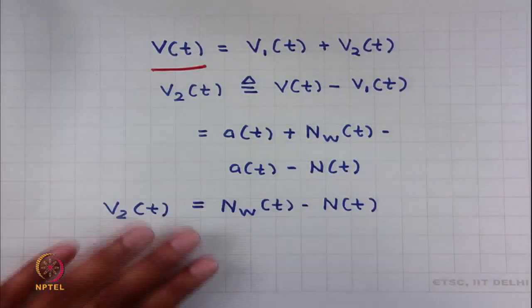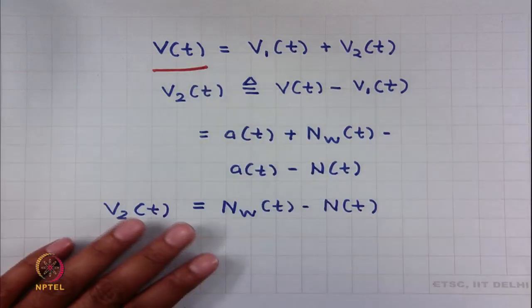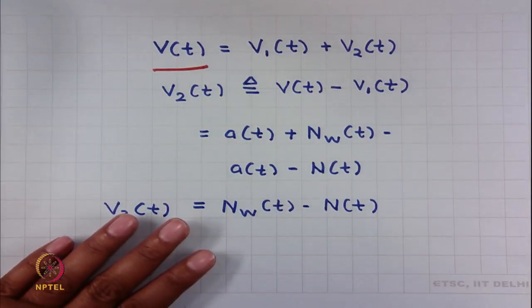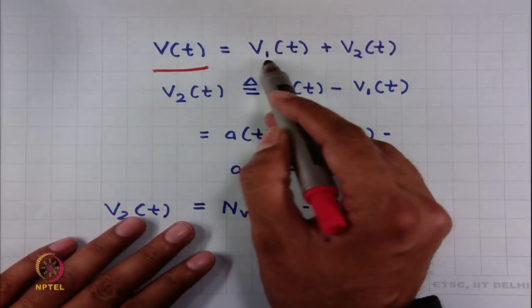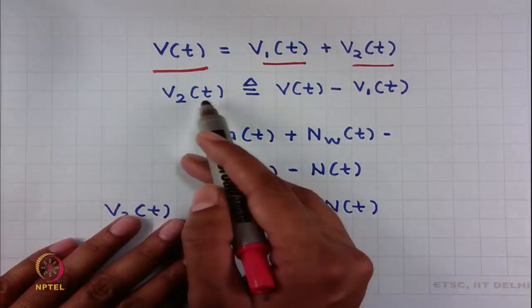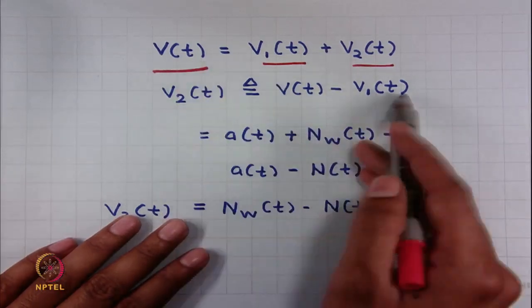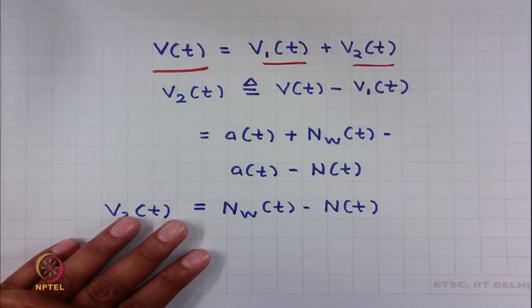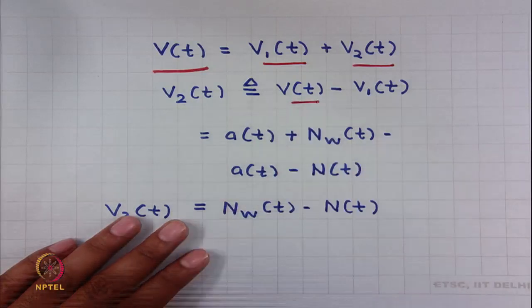V t is the total signal that was incident on the receiver, and this total signal we say is the sum of V1 t plus V2 t, where I define this V2 t as V t minus V1 t. It is obvious. And what is this V t?